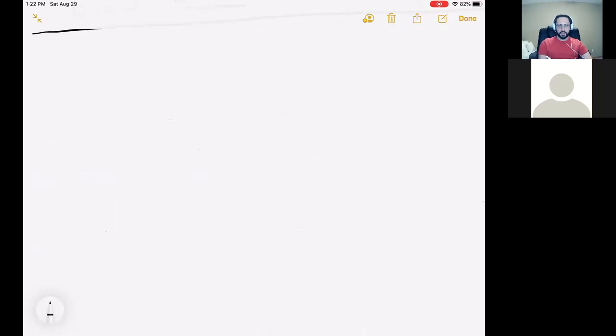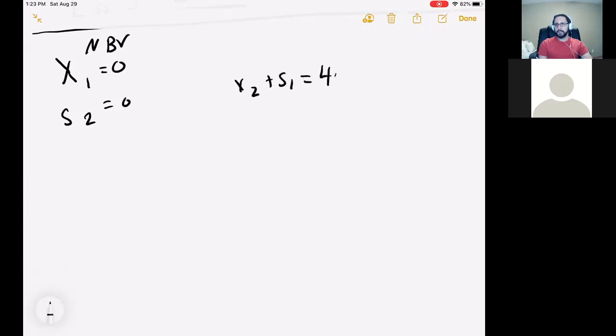So for example, I could come in and say, I want to do the same process, but with non-basic variables x1 equals 0 and s2 equals 0. That creates a system that looks like x2 plus s1 equals 40 and x2 equals 60.